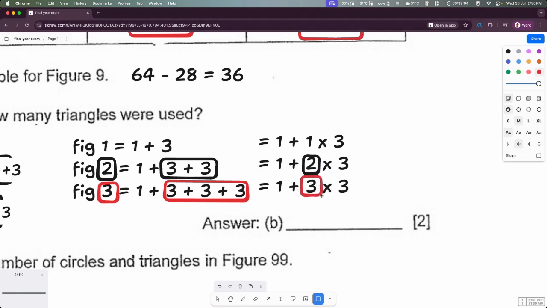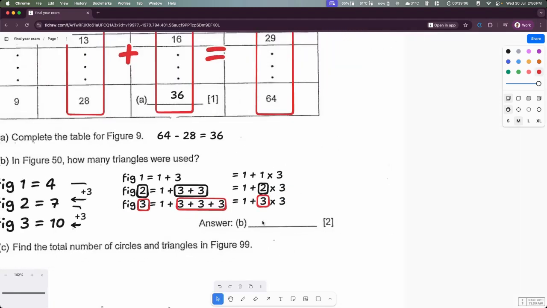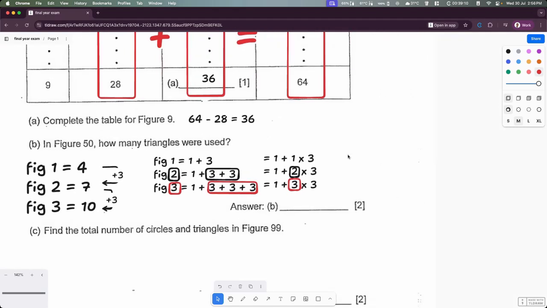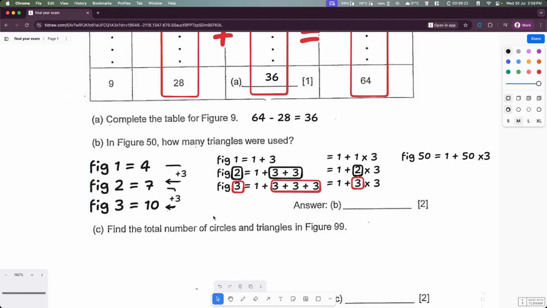Okay, 3 times 3. So that means with this, what we can do is, if it's figure 50, we need to do 1 plus 50 times 3. I'm going to put a line over here, then another line over here.